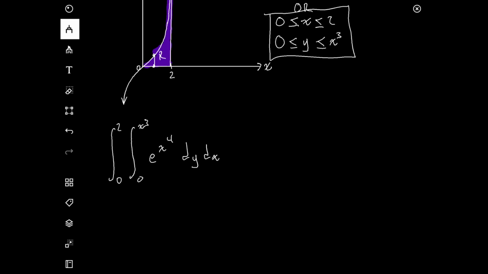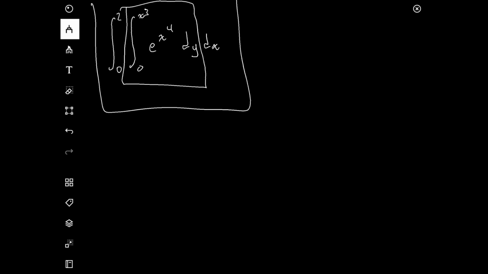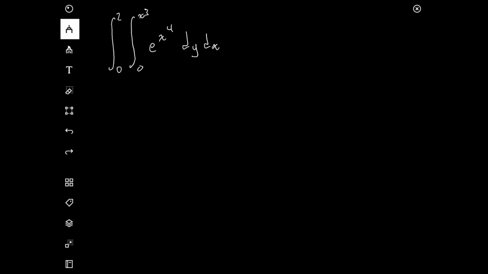Now for actually taking the integral. So remember again, we start with the inside one, then we work the outside one. Integral from 0 to x to the 3rd of e to the x to the 4th dy. Since there's no y components inside of here, this is all just a constant.